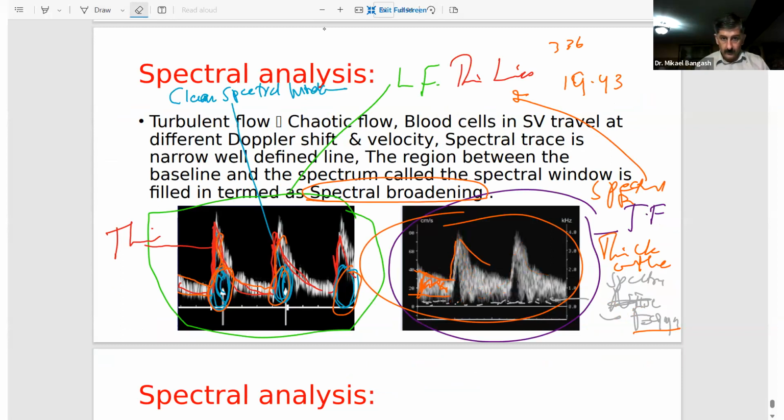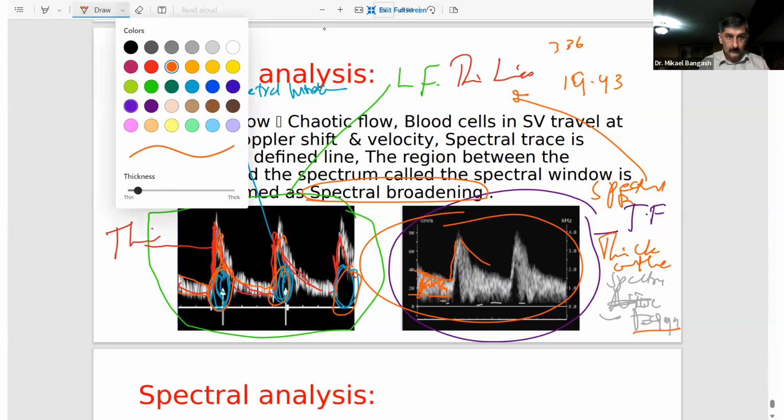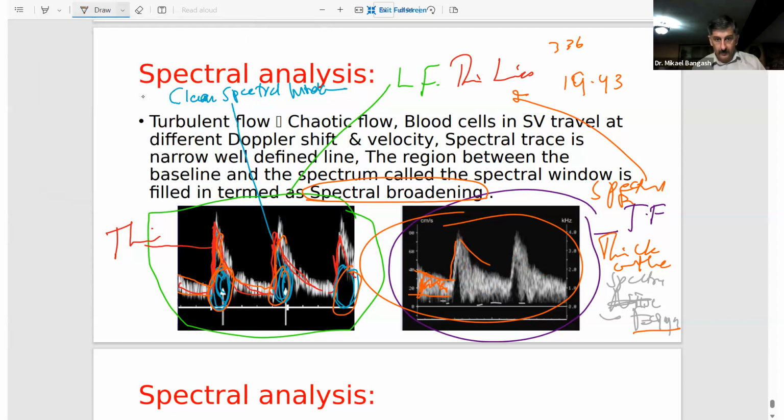Sorry, that's your spectral window. The spectral window is actually going to have small dots here, like this.